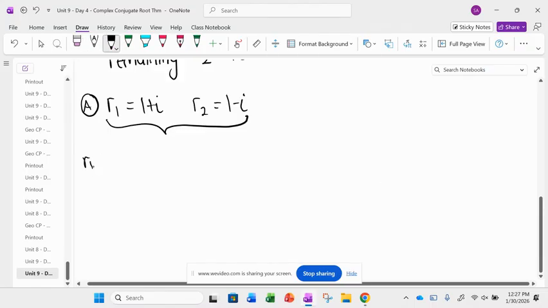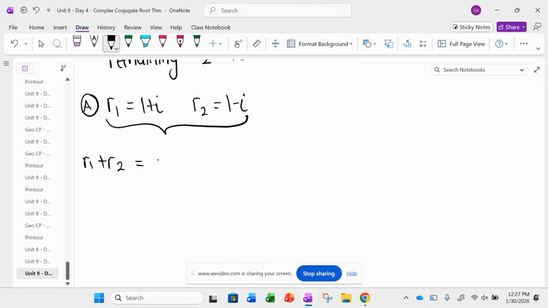Root 1 plus root 2 is going to give us negative b over a. So I have 1 plus i plus 1 minus i, which is just 2 over 1, equals negative b over a. So this tells me my a is 1.